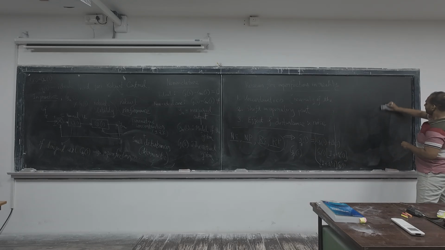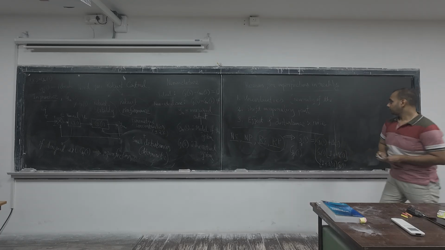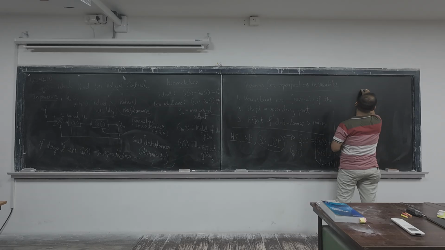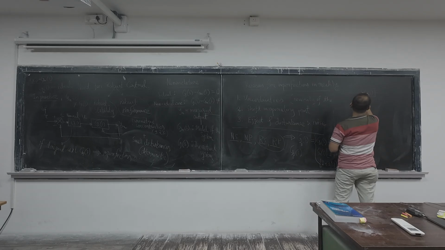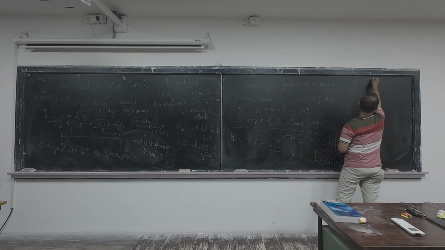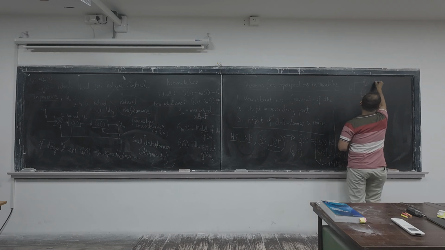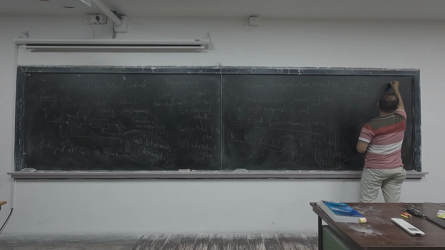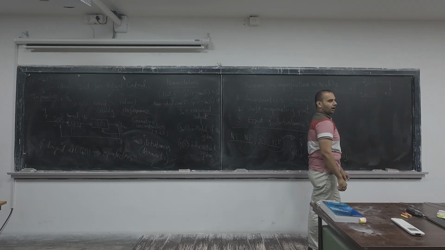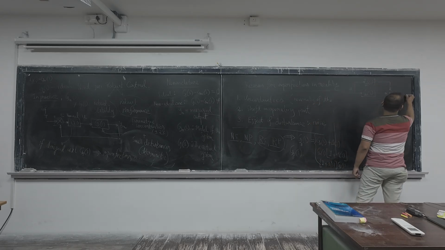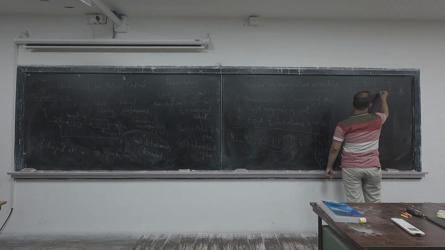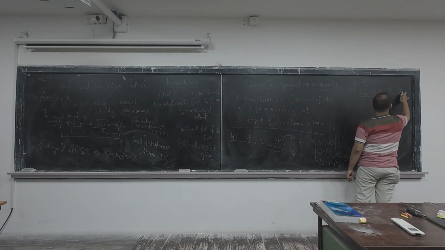If I draw the block diagram, I believe it would be easy for you to understand. The uncertain part is being represented by the delta. This is suppose ideal output y0 and this is suppose y.